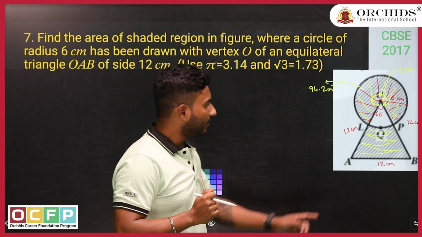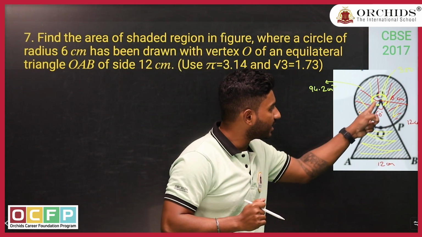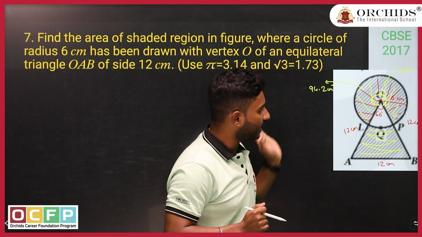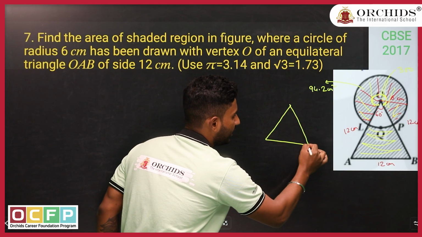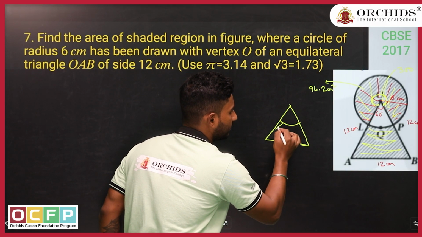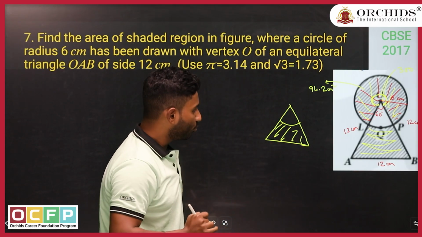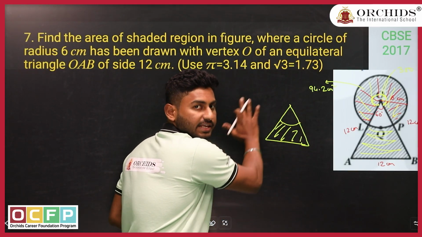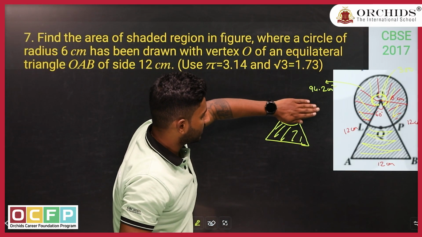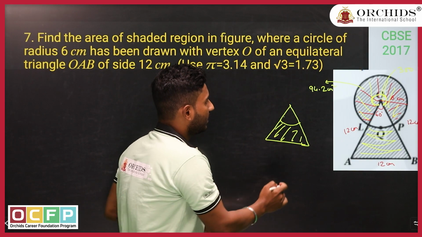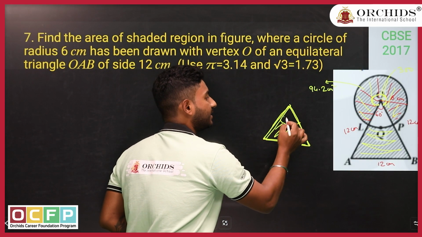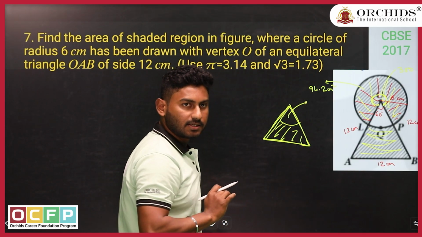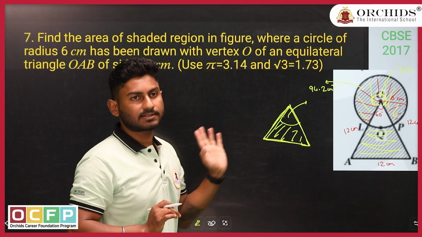again, can I find the whole area of the triangle and subtract this part? Just see, we need to find this area. We will find the whole area and subtract this part, and we get this area. So basically I have to find the area of the whole triangle and then subtract this part, and this part is nothing but a sector.